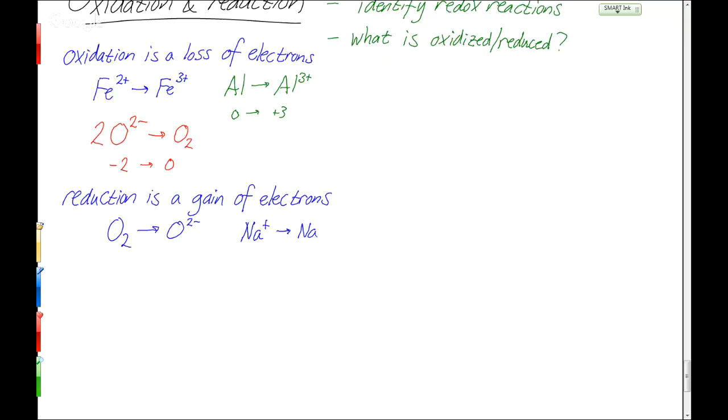Unlikely with sodium anyway. So something becoming more negative. Let's write that. So up here it became more positive. Down here we're going to say this becomes more negative.